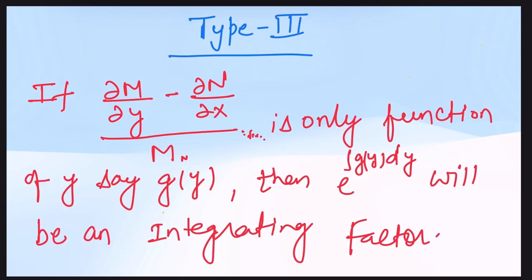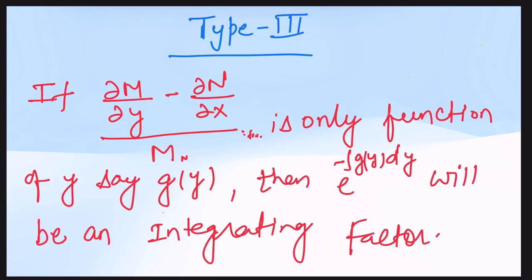Here it is a function of y, and e to the power of the integral of g(y) dy will be the integrating factor. We multiply the integrating factor with the whole given first order differential equation, and then the non-exact equation becomes exact.